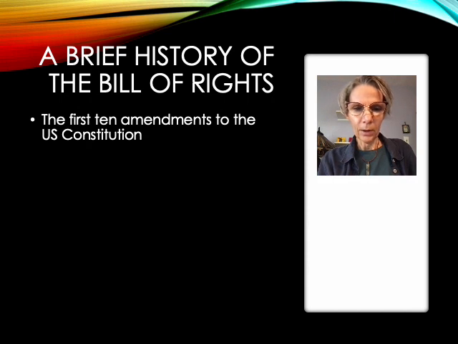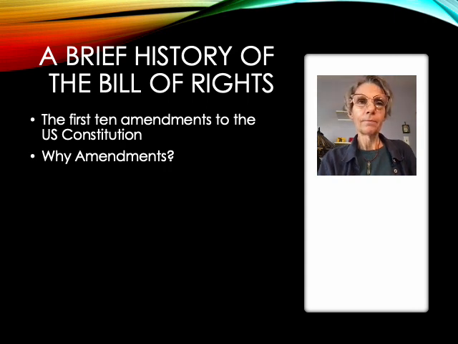Why isn't the Bill of Rights a part of the actual body, or the articles, of the Constitution? The reason is that the folks at the Constitutional Convention, or at least the majority of them, did not think that a Bill of Rights was necessary.